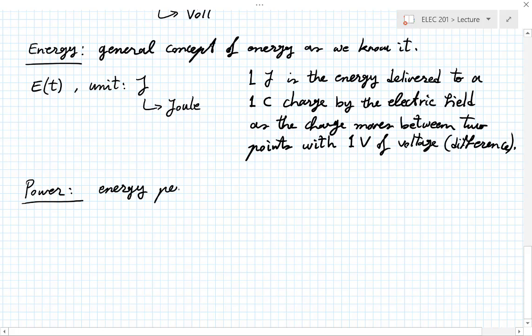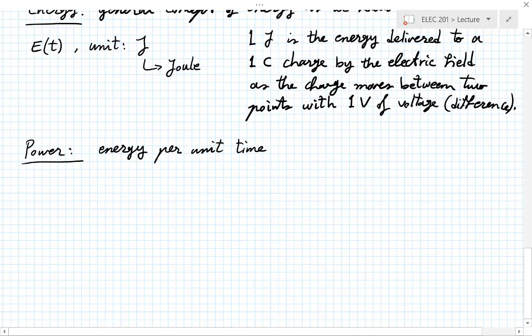Energy per unit time, or the rate of energy exchange, delivery or consumption. And by the way, energy storage would be one form of consumption, right? You take it and store it somewhere. Okay.